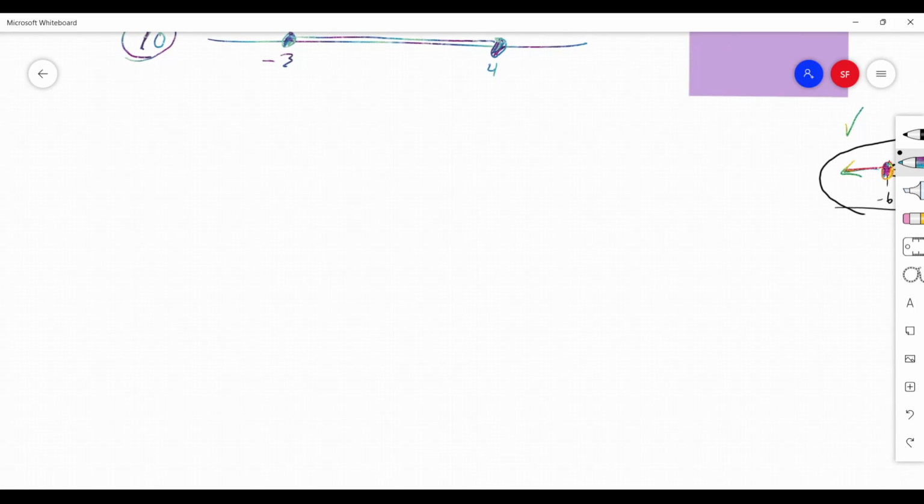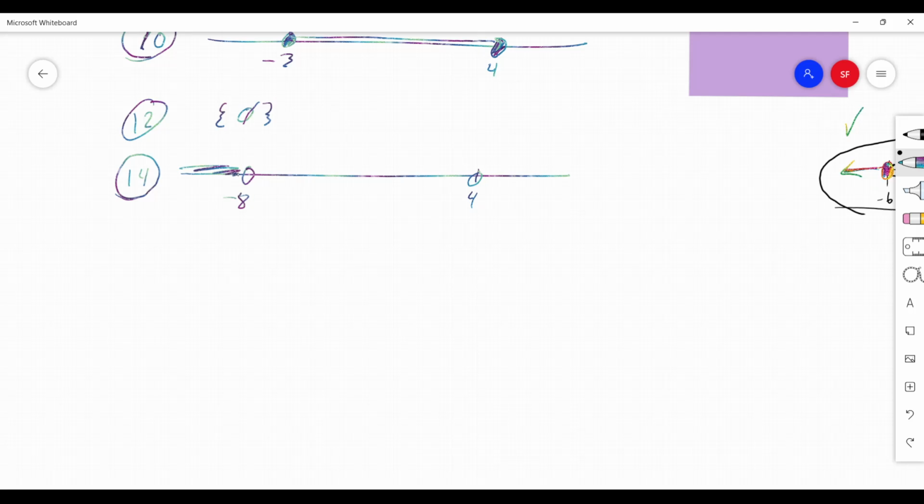Number 12 is the null set. So it'd be just a number line with nothing in it. Number 14 is open circles at -8 and 4, and it's shaded to the left and to the right.